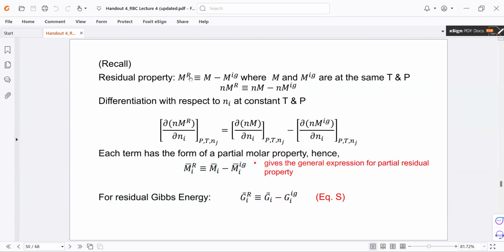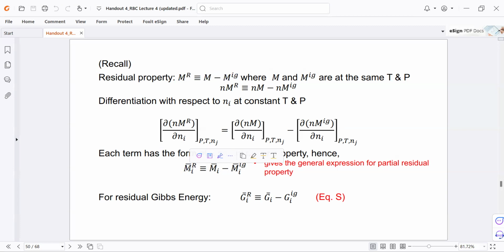So simply express this one as a partial molar property. So this gives the general expression for partial residual property. Okay, so I hope that you notice the difference that we simply express the residual property in the form of a partial molar property. So we have this bar right here.